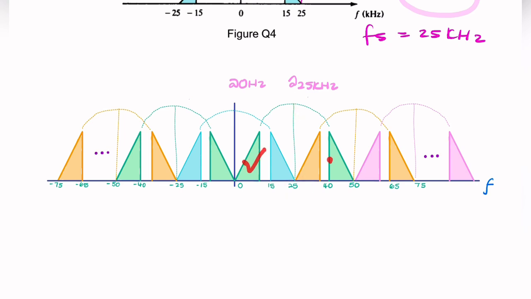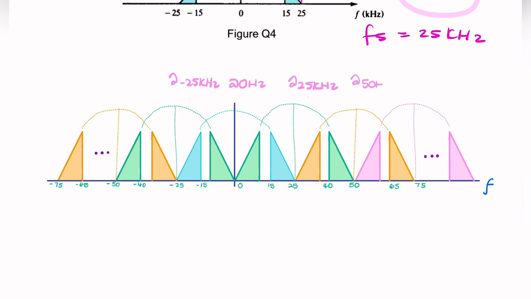So that's this and this. And we'll have the same two centered at negative 25. So that's this and this. And then we'll have another replica centered at twice the sampling frequency, so at 50.